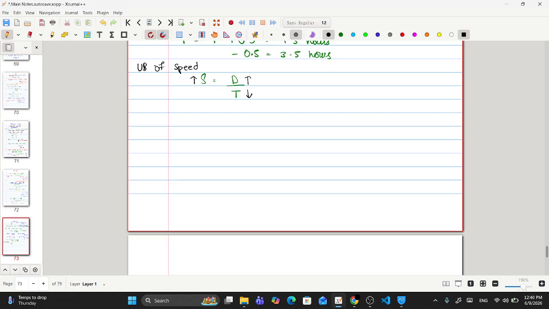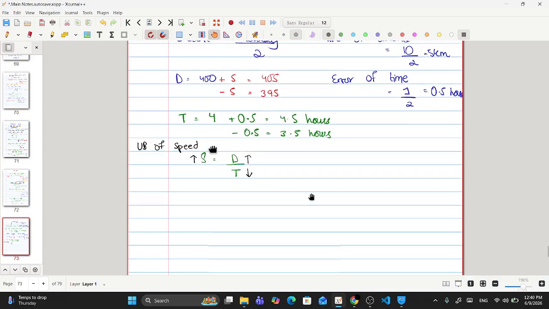So the upper bound of distance was 405 and the lower bound of time was 3.5 hours. So if you were to calculate on your calculator, what answer would you exactly get?